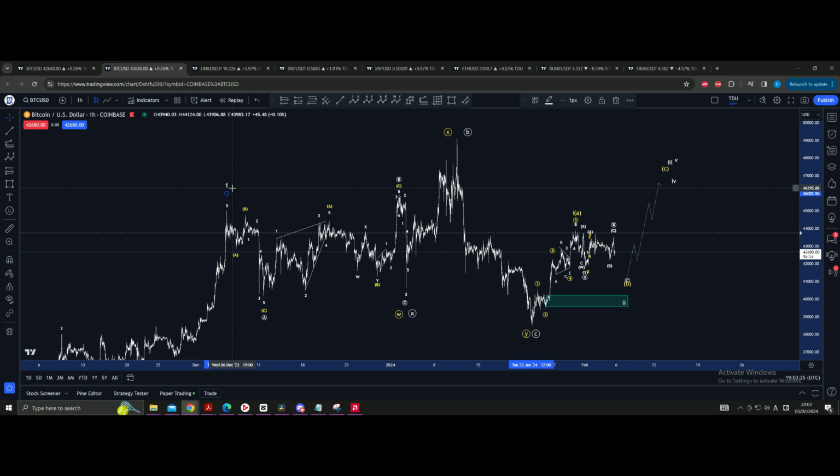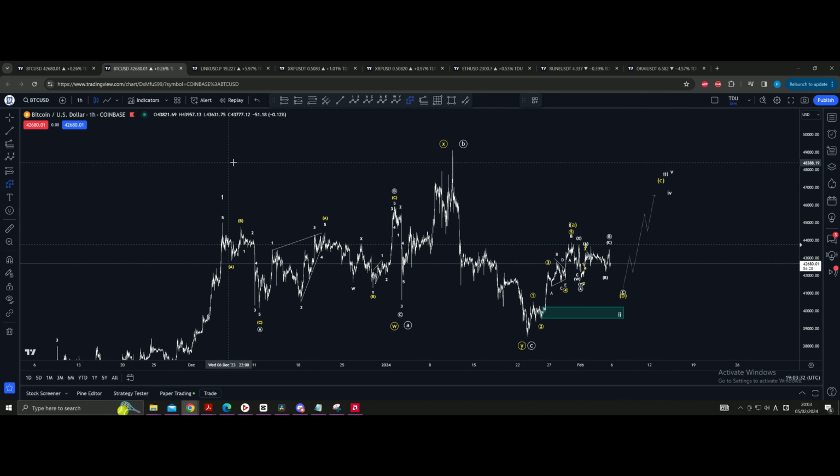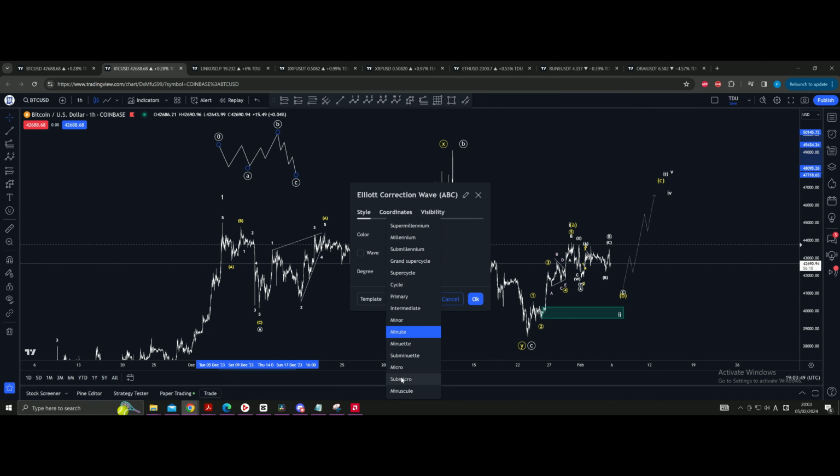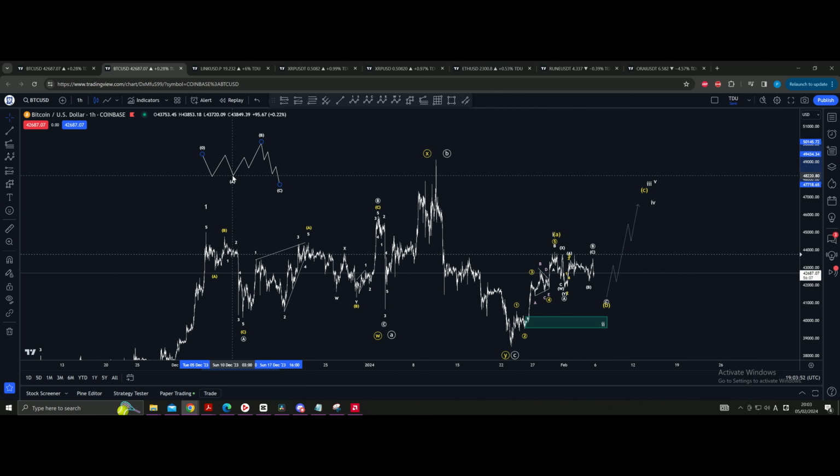okay, this would be the terminus of wave 1. So a flat can develop like this. We can have a wave A as a flat, wave B as a zigzag, and wave C has to be a motive wave, right? So you would label it like this: A, B, C. So that's your A sequence, B zigzag, flat.